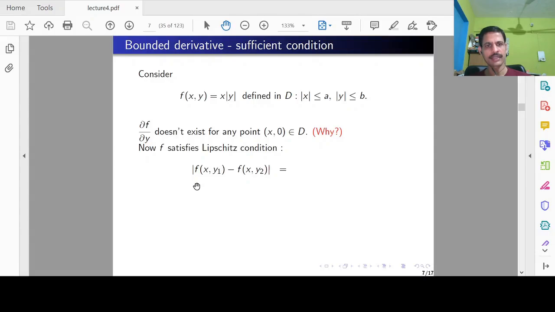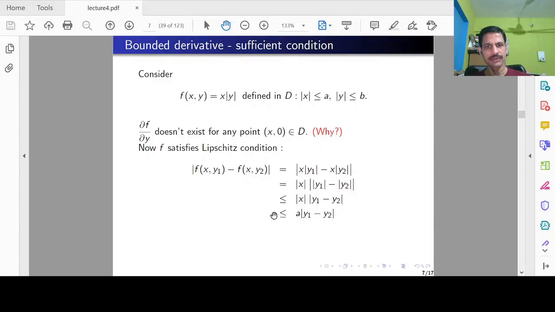We can calculate and check that. So modulus of f of x, y1 minus f of x, y2 is equal to modulus of x times modulus of y1 minus x times modulus of y2, and this is equal to modulus of x times the difference of modulus of y1 and modulus of y2, which is less than or equal to modulus of x times modulus of y1 minus y2, which is less than or equal to a times modulus of y1 minus y2, because modulus of x is less than a.